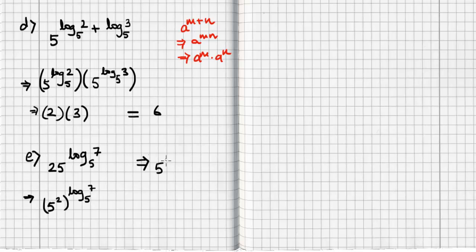This can be written as 5 to the power 2 log 7 to the base 5. Again this can be written as 5 to the power log of 7 square to the base 5. Now we know that this will give us 7 square, which will yield us 49. Hence 49 is your answer to question E.